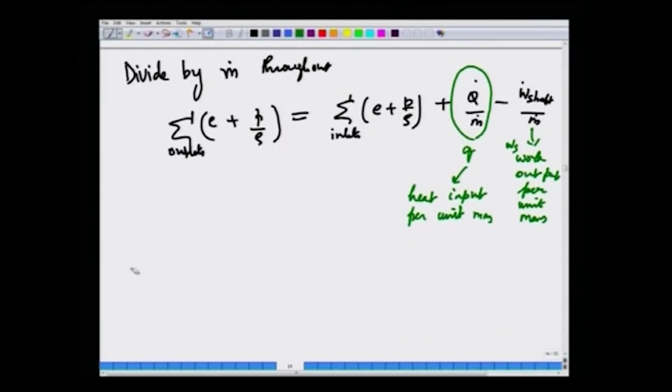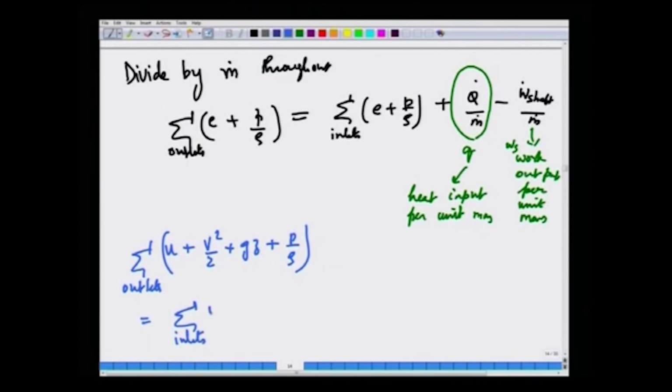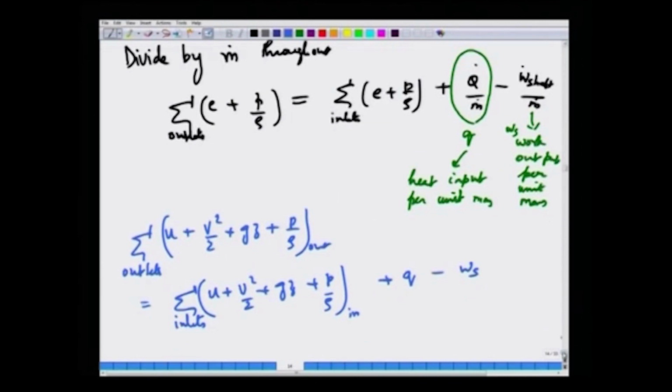So, the summation over all outlets of (u + V²/2 + gz + P/ρ) at all outlets is the summation over all inlets of the same quantity, this is at outlet, this is at inlet, plus small q minus small w_s.